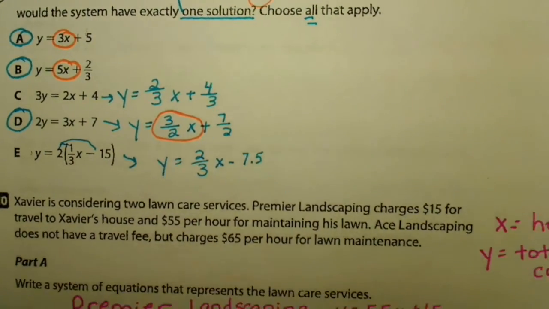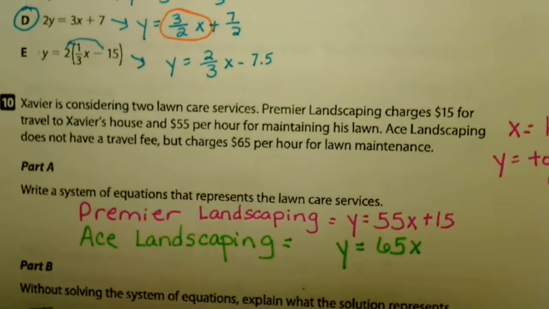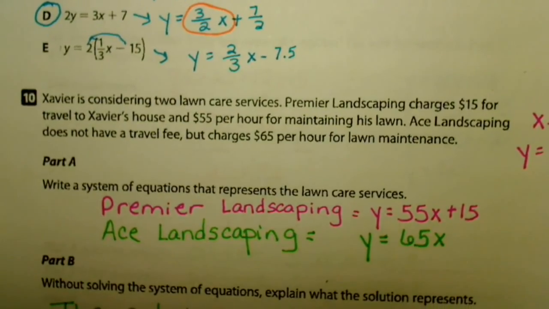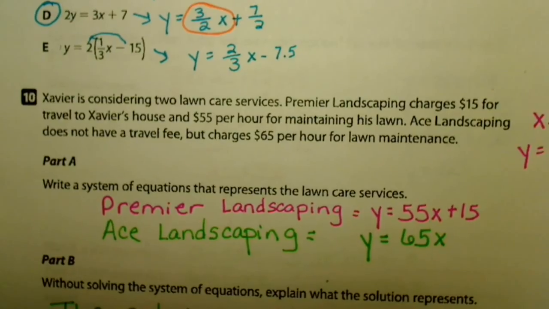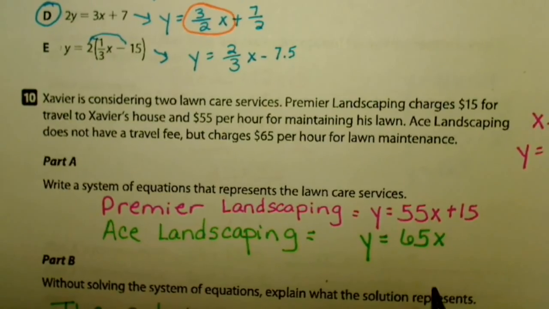All right, next we have a word problem. Xavier is considering 2 lawn care services. Premier Landscaping charges $15 for travel to Xavier's house and $55 per hour for maintaining his lawn. So I have that equation.